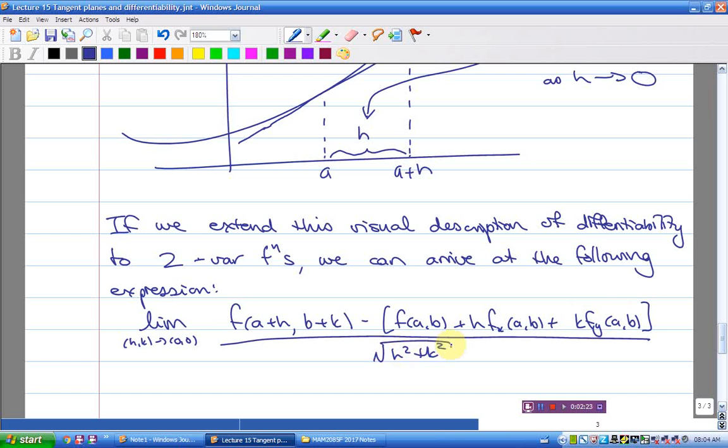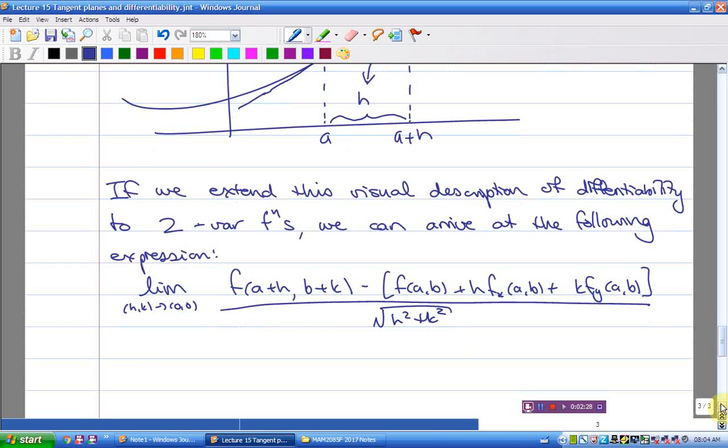So let me explain what's going on in there. What we have is an actual function value as the first term in the numerator, minus what we would be getting if instead of reading off the actual function value, we read off its linear approximation, where this little h, if we actually did a formal derivation, would have been something like x minus a, and this k would have been something like y minus b.